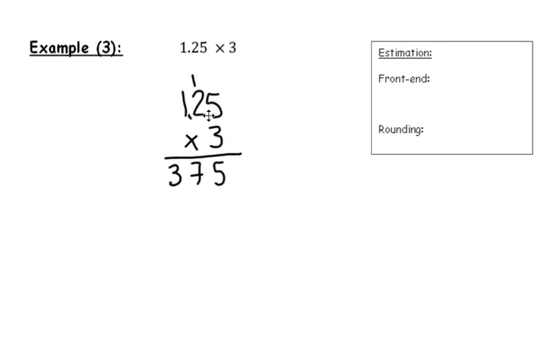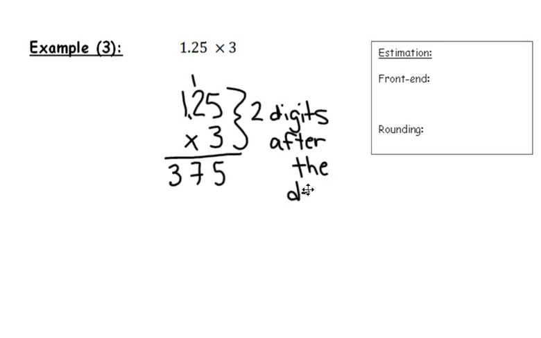Put in your decimal. You have 2 digits after the decimal in your question. So you also need 2 digits after the decimal in your answer. So by placing the decimal there, you also have 2 digits after the decimal.